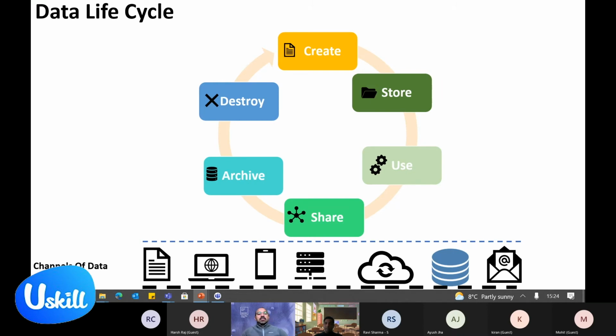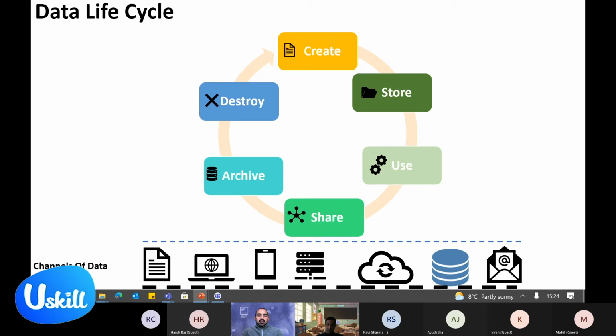Archive means it can be backed up or stored somewhere, and it may be used in the future due to some kind of financial audit, a security check, or something required to fulfill further action.